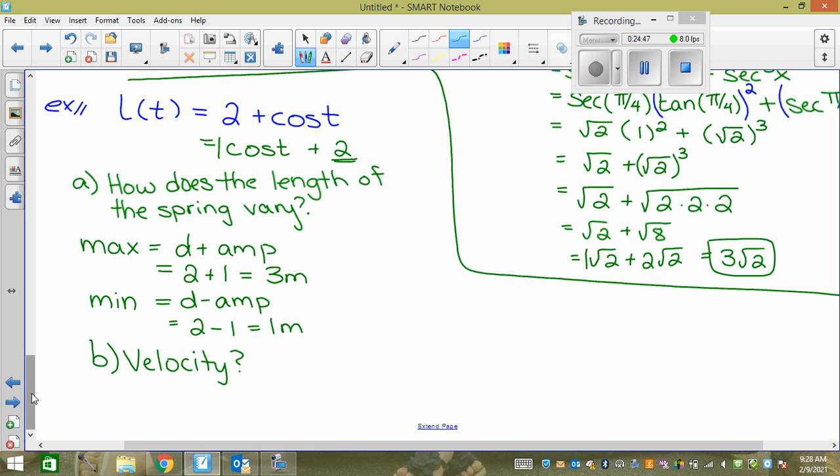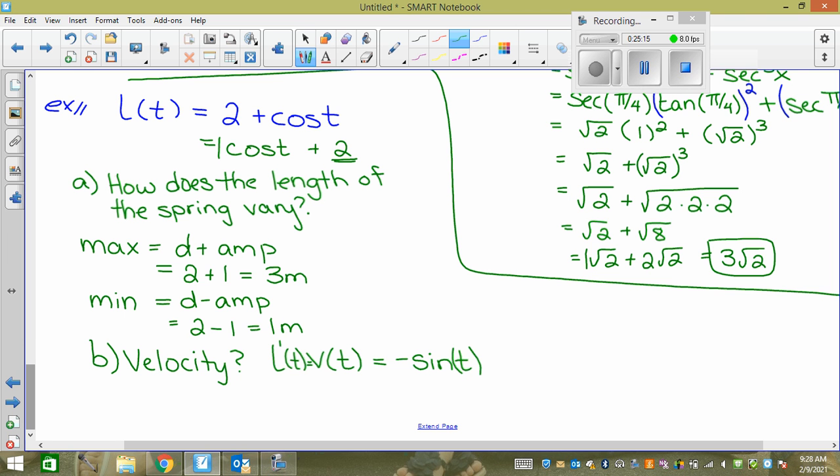So you're finding L prime of t or v of t. Everyone should have gotten negative sine t, right? Because the 2 goes away, derivative of cos t is negative sine t.